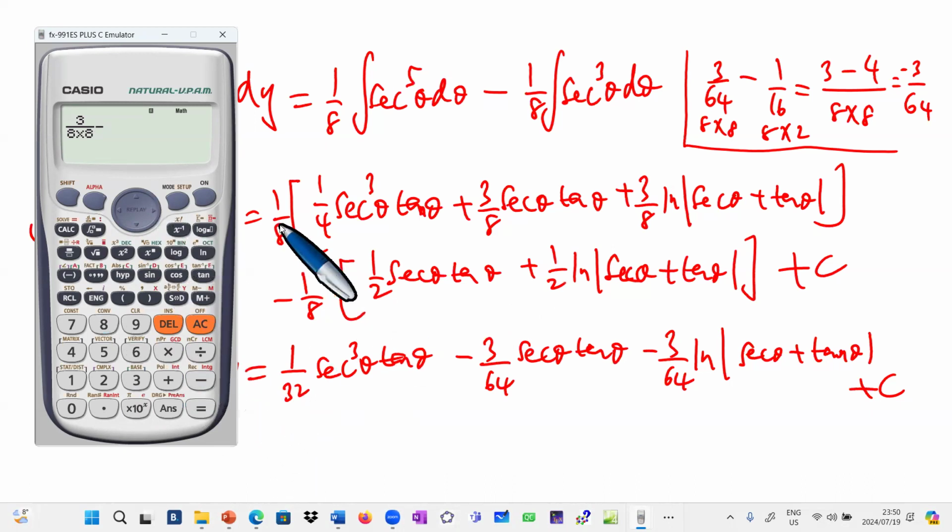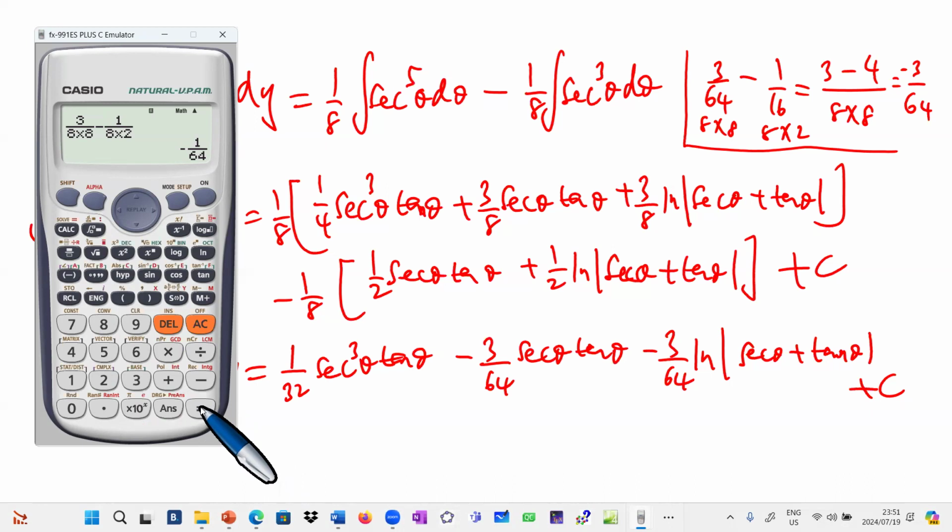And then you subtract, because this is 3 out of 8 by 8, then you minus 1 out of 8 by 2, which is minus 1 out of 64.